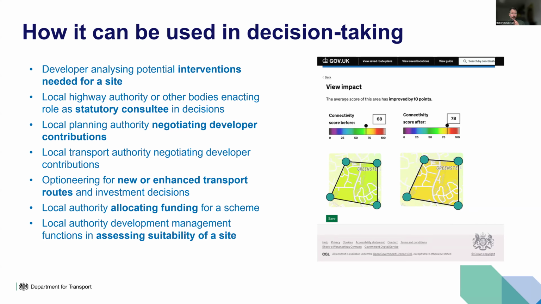It could be used by local planning authorities in setting their Section 106 supplementary plan document, or even negotiating individual developer contributions. Transport authorities, same difference. It can provide good data for optioneering of new or enhanced transport routes. It can help with local authority funding allocation, but also assessing the suitability of a given site for particular types of development management. Next slide, please.